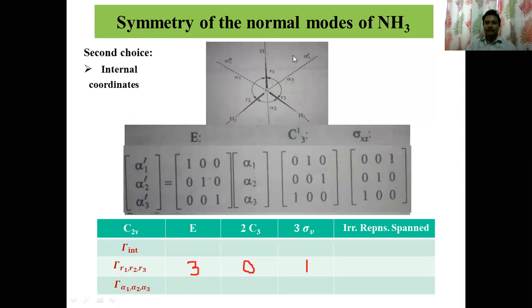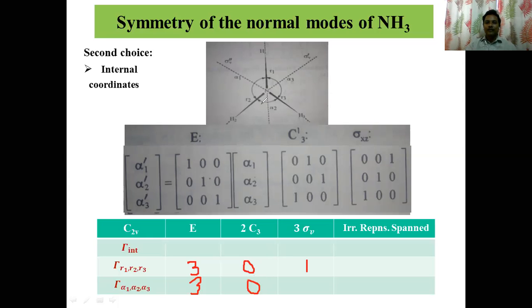So that is going to be 3, right? So this is again going to be 3. Now if I do C3 along this z axis, it is going to be 0, because alpha 1 changes, alpha 2 also changes position, alpha 3 also changes position, either clockwise or anti-clockwise, it doesn't matter. So it's going to be 0.